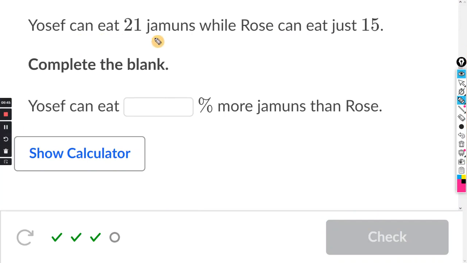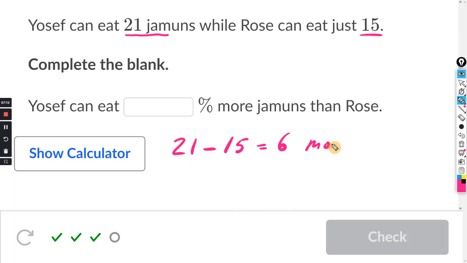Yosef can eat 21 jamons, while Rose can eat just 15. Complete the blank. Yosef can eat blank percent more jamons than Rose. Okay, first determine how much more he ate. So if we did 21 minus 15, that's just 6.